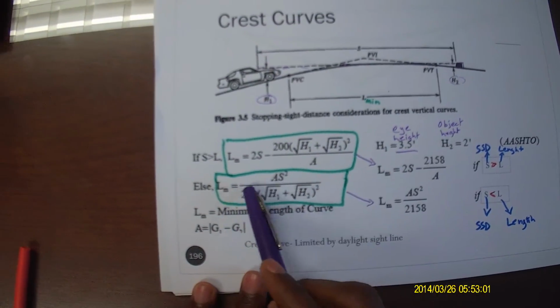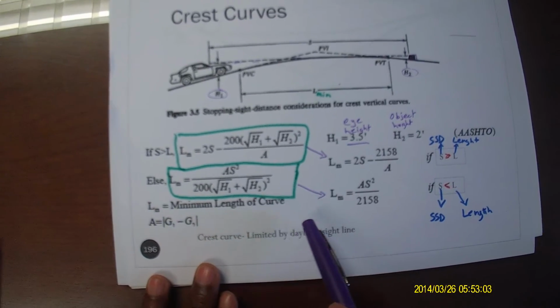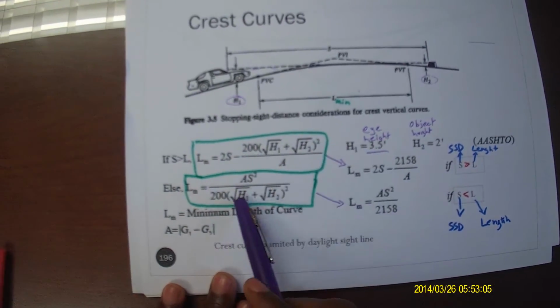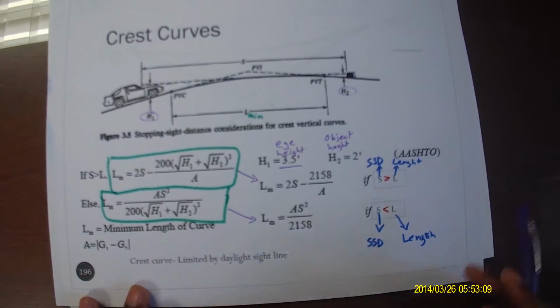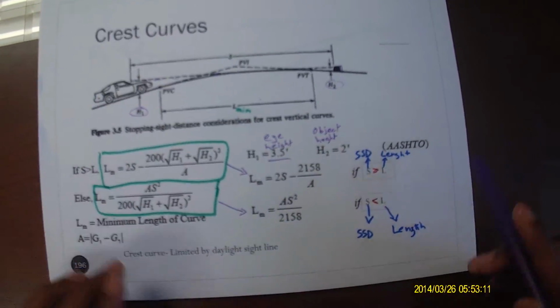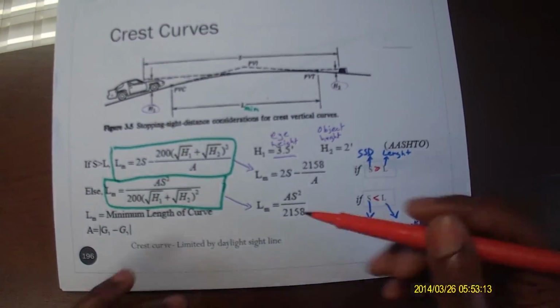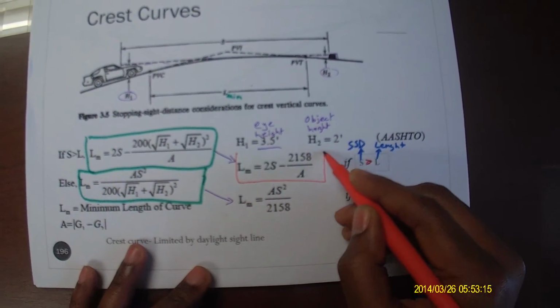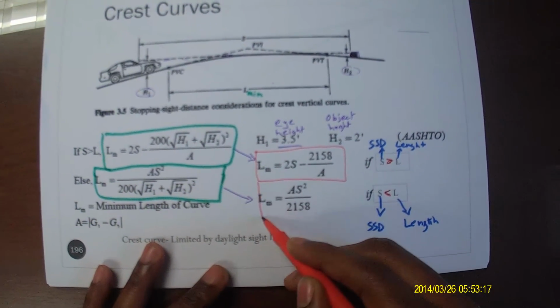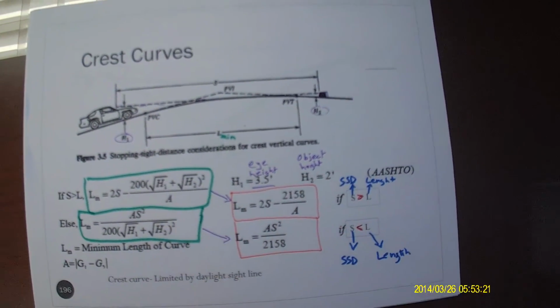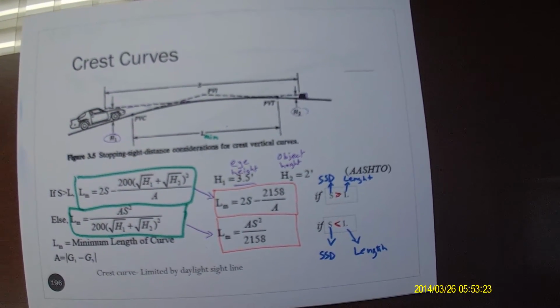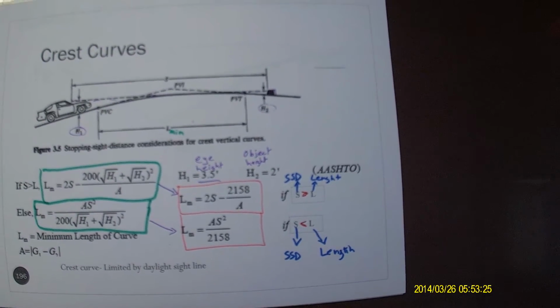Same thing goes for the equation down here. We simply put 3.5 here and the 2 feet here, and we've condensed the equation to this one. Therefore, you have two possible equations that you can use, assuming that your eye height does not change, and of course the object height that you are concerned about does not change.